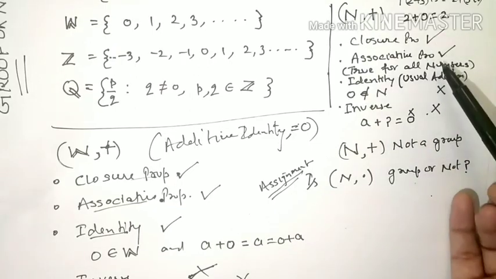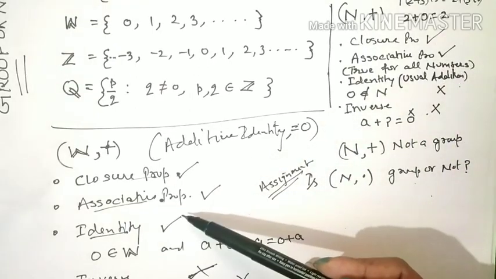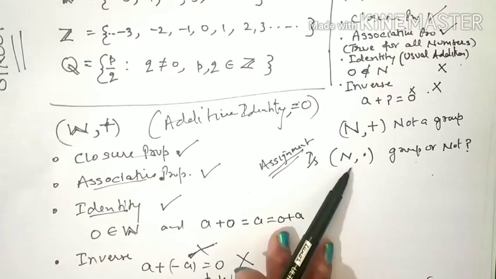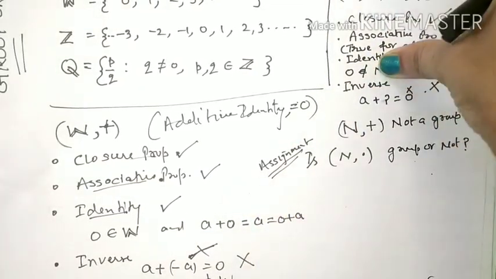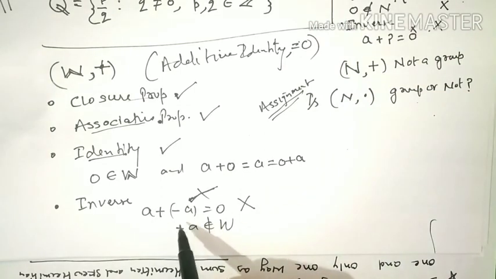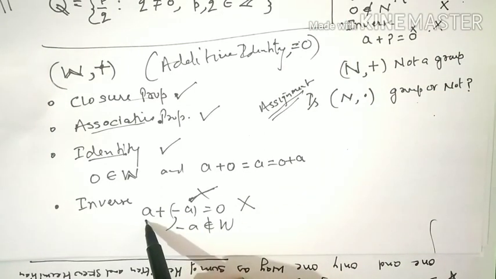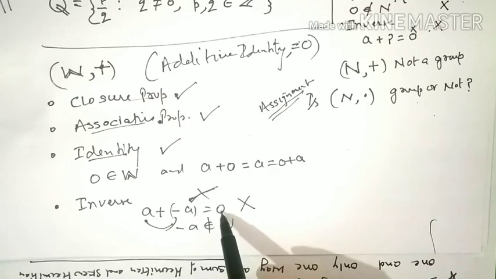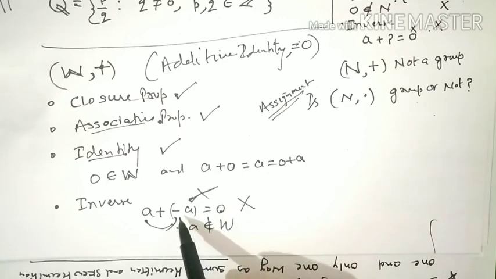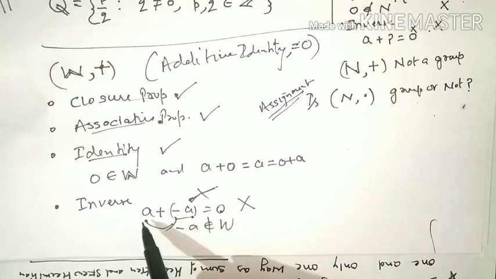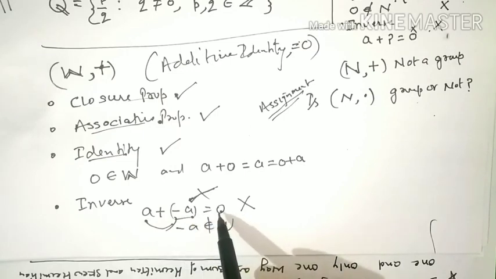Here only two properties hold, but in this case three hold, but the fourth does not, because of the inverse of each element, the additive inverse we say that. What is the inverse? Inverse means the element which, when added to the given element, gives us the identity element, that is 0. So that element is minus a. When we add a to minus a, then only we will get 0, no?